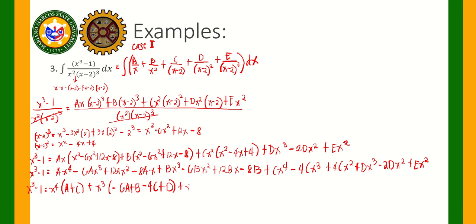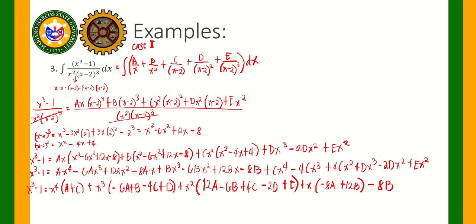And then plus x squared naman, si x squared naman, we have 12a minus 6b plus 4c, and then minus 2d, tapos si e, plus e. Now, for x variable, we have negative 8a plus 12b. And then for our constant, that is negative 8b.